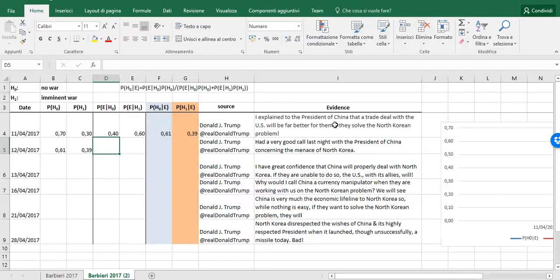Next, we're going to evaluate the likelihood of the second tweet. We can say that in case of no war, for example, it's going to be 60%, and we consider it instead to be very unlikely in case of the war, let's say 20%.